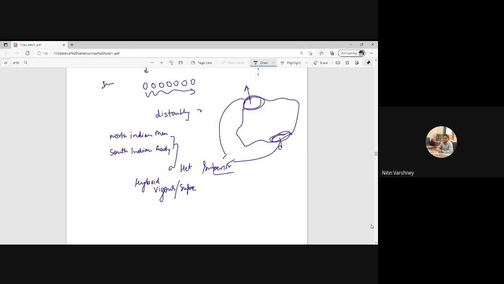But if, for example, Muslim people, Christian people, or Parsi people do marriages only within a particular area, their same caste and close relations, there will be reduction of heterozygosity among them. So there will be inbreeding depression.